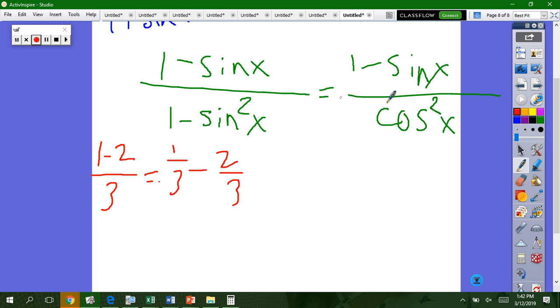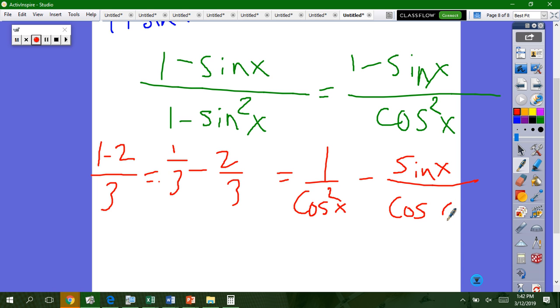It looks very similar to this. Does everybody see that? So that's 1 over cosine squared minus sine over cosine squared. I'm going to make cosine squared look slightly different. Isn't cosine squared just cosine times cosine?